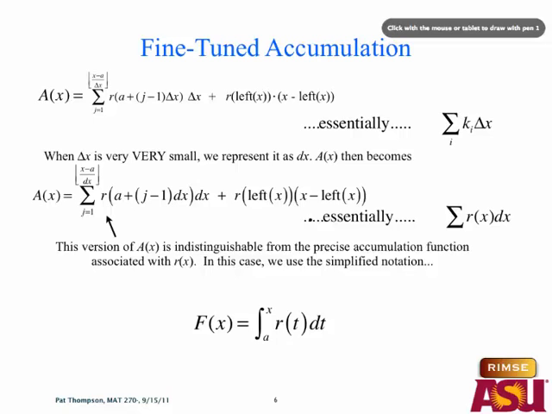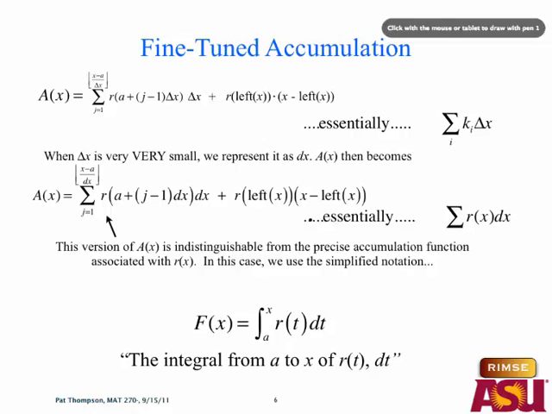So this is, we say, the integral from a to x of r of t dt. The integral from a to x of r of t dt. That thing right there, that f of x function, is exactly the same function as the A of x function with a super small interval. It's exactly the same function.